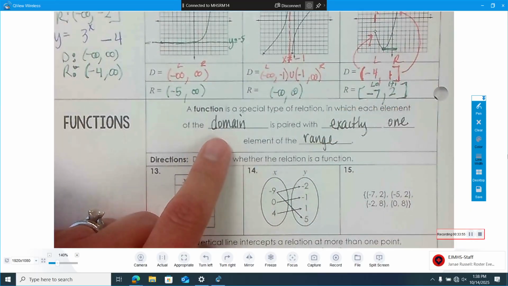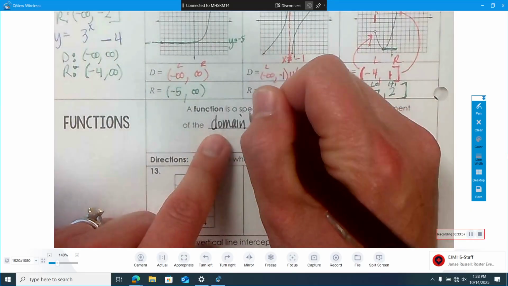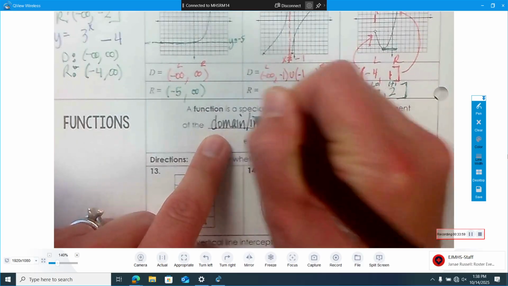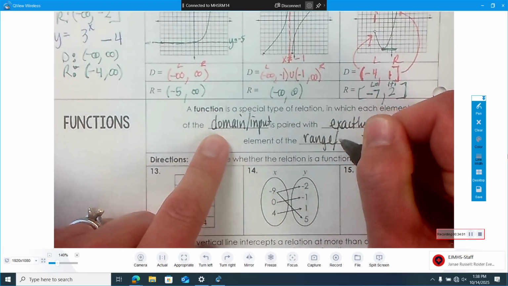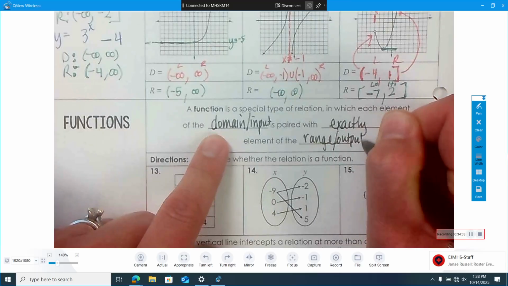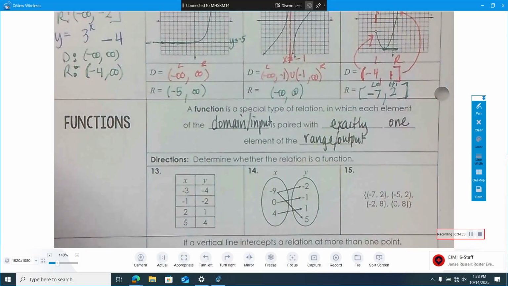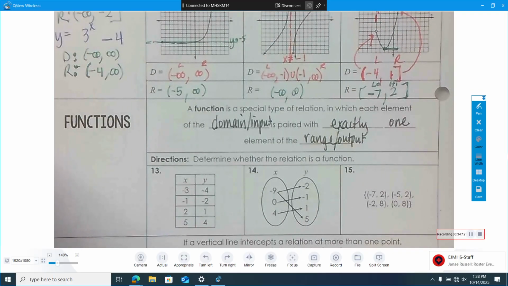We can also change those words. For domain, you might use input, and for range we could use output, okay? So one input is matched with one output. What we want to be careful of is that we don't have an input that splits and goes to two different outputs. That's the issue, okay?